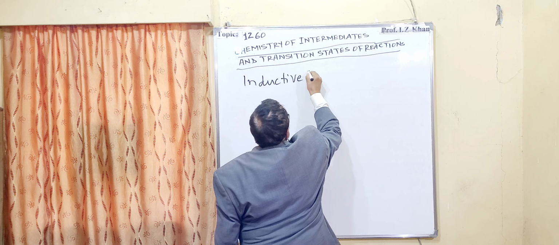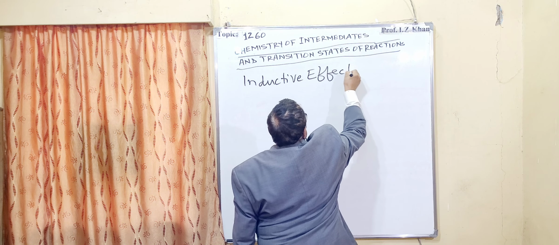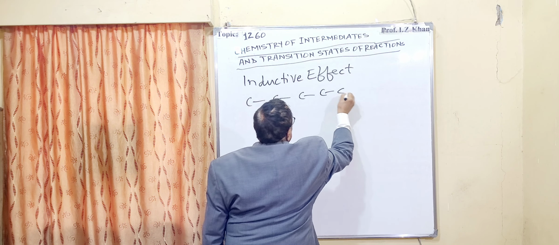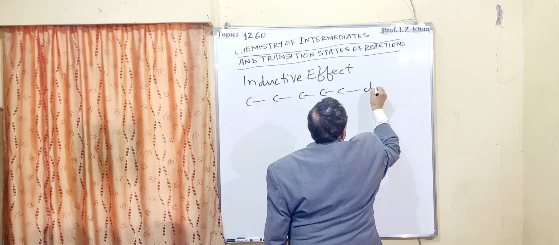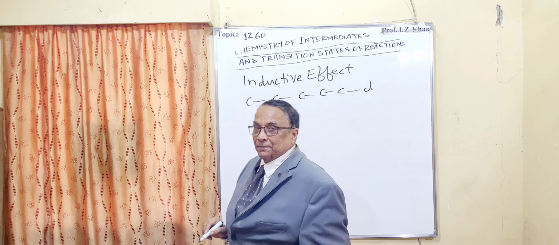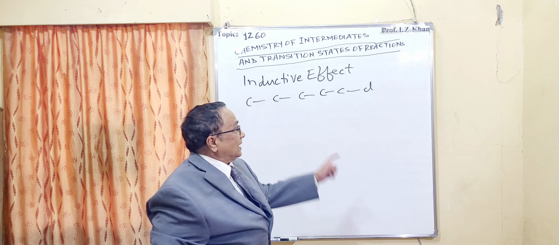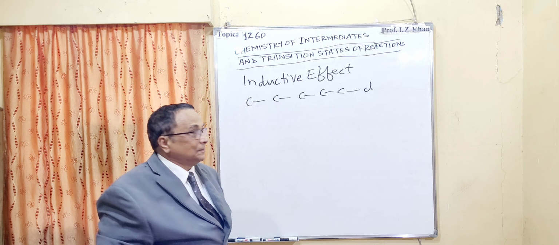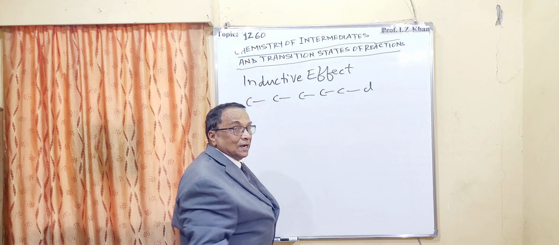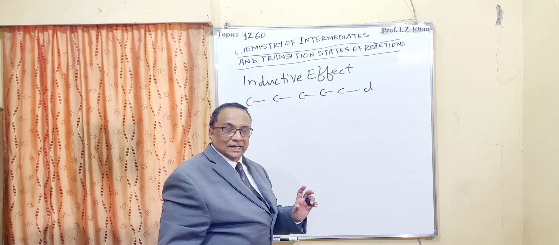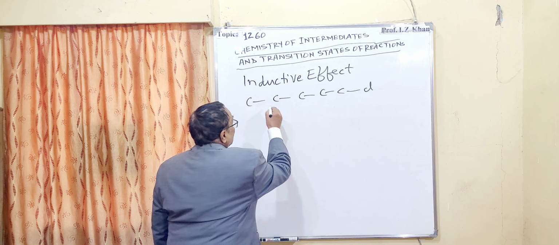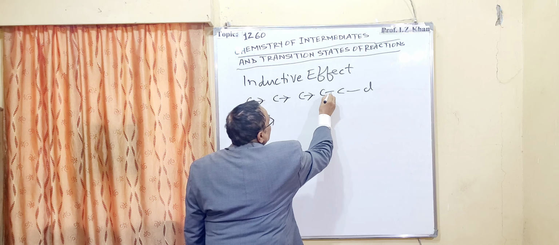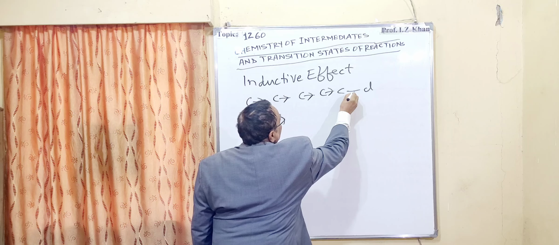One condition is permanent, that is called the inductive effect. Inductive effect is like this: if you have a carbon chain and any electronegative element like chlorine is linked to this carbon chain, there will be permanent displacement of electrons towards the most electronegative atom, and here the most electronegative atom is chlorine.